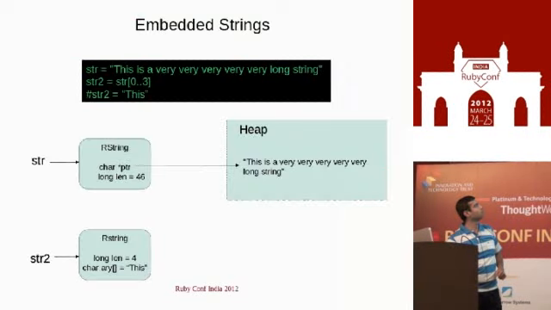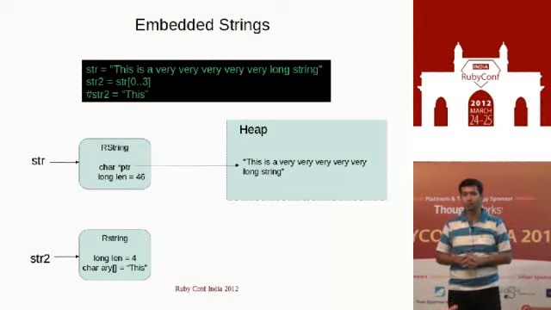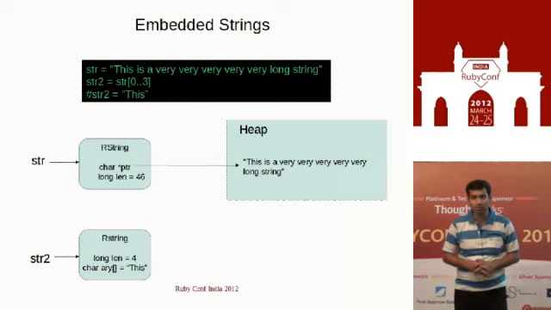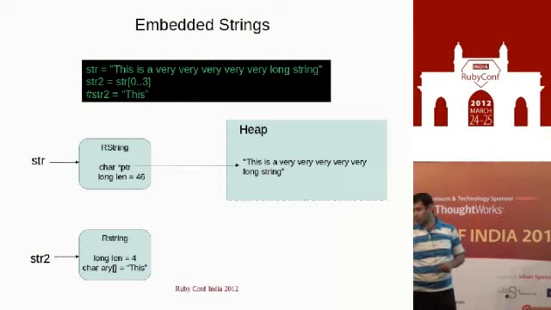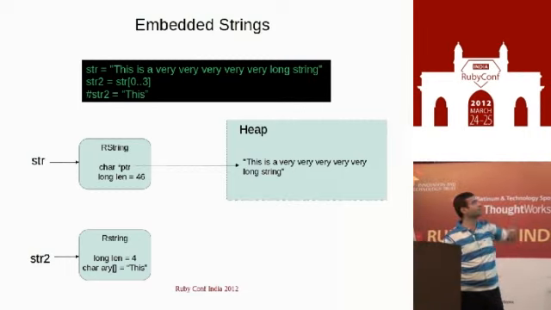Okay, so let's talk about now embedded strings. With 1.9, they have come up with a very good optimization. I am actually doing an upcase here, str2.upcase at the last line.